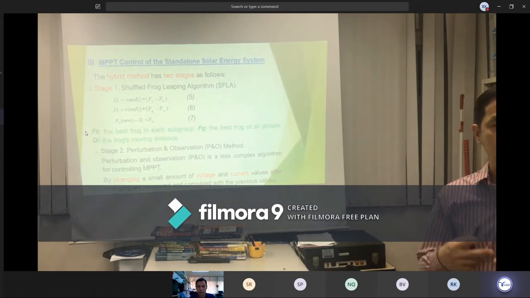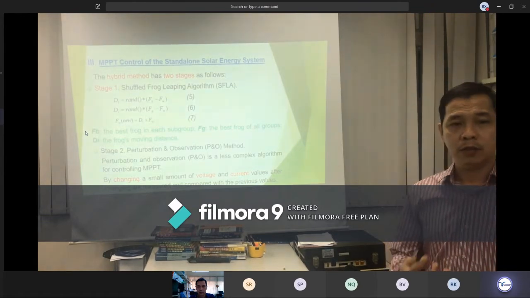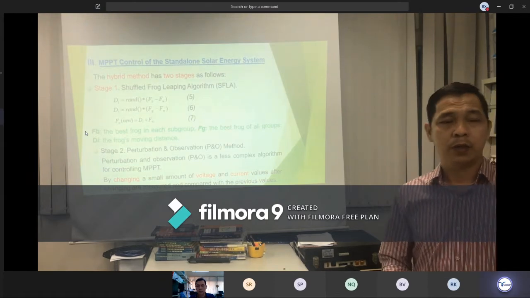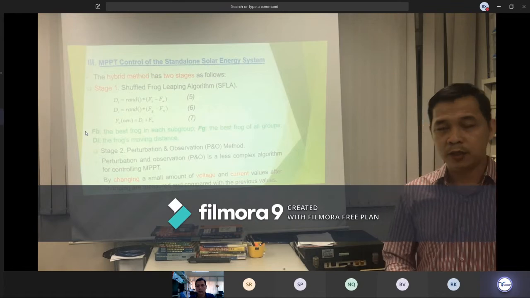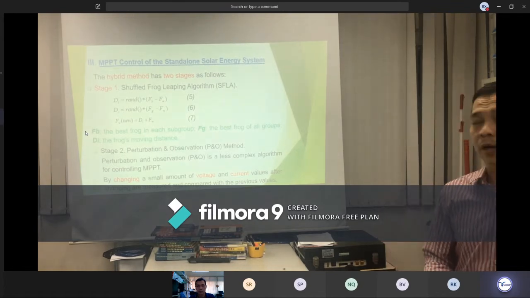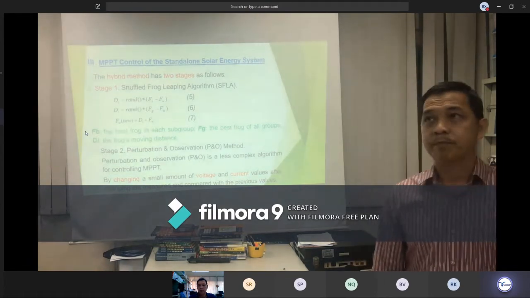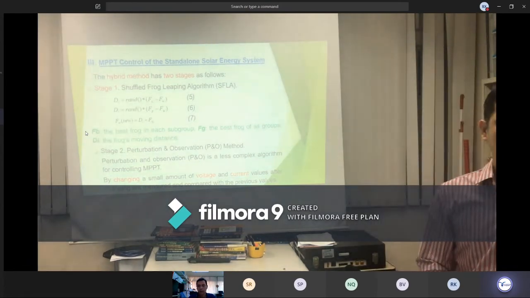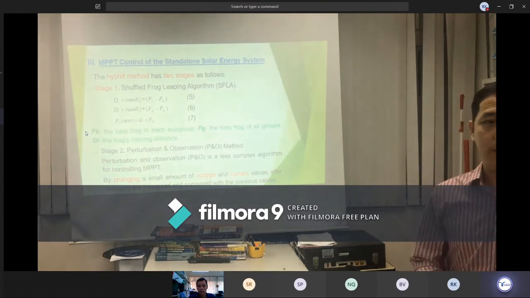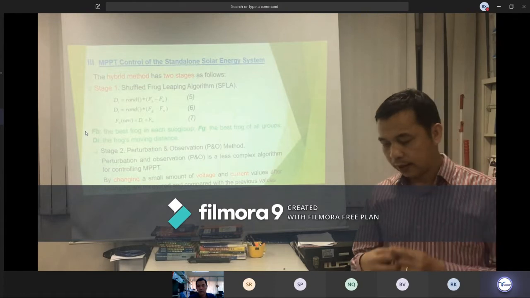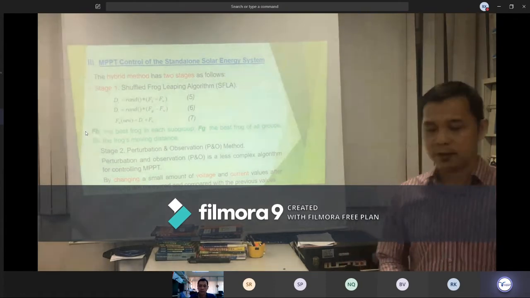Based on the result of the voltage and power change, the algorithm will decide to increase or decrease the voltage by a small amount. When the second stage is finished, the hybrid method is finished.